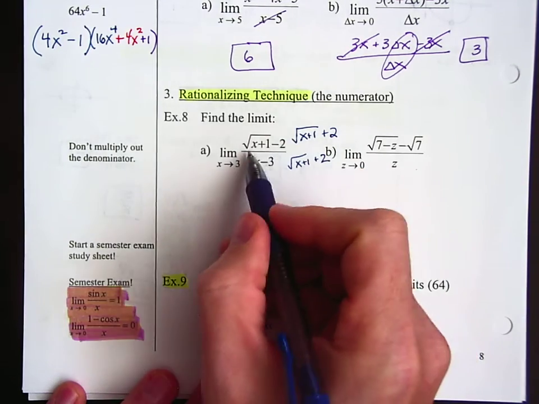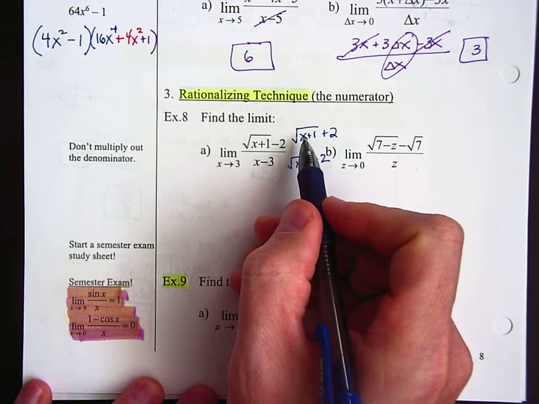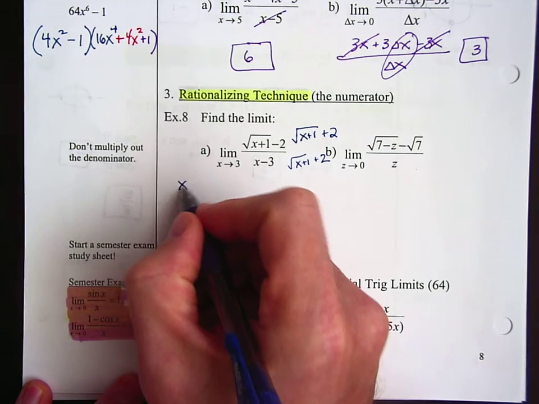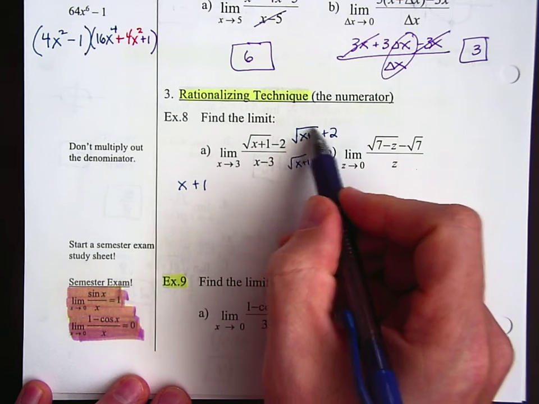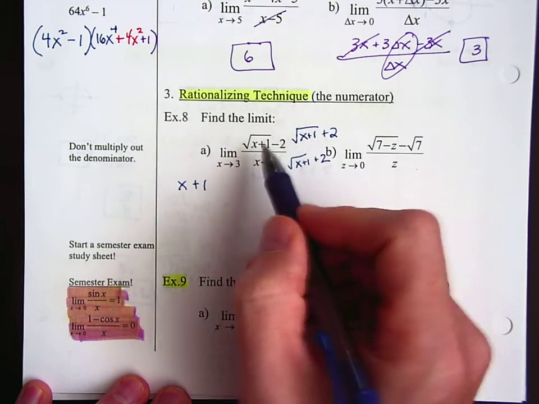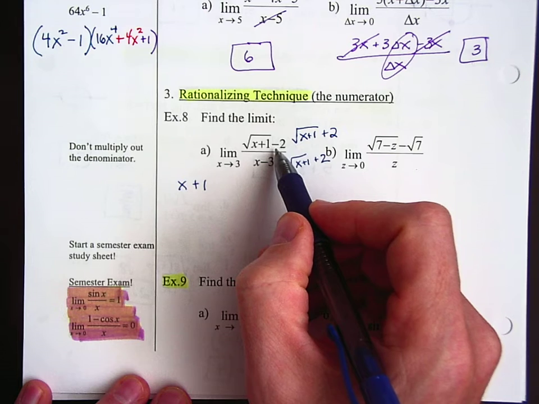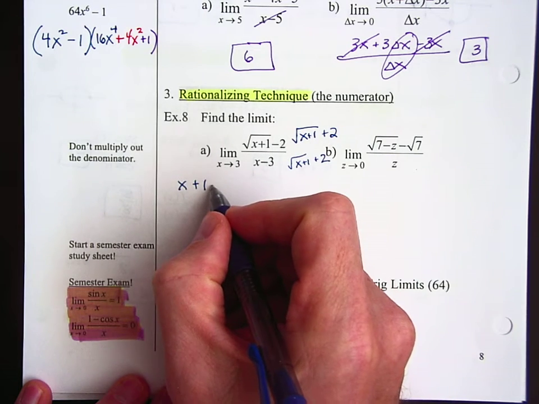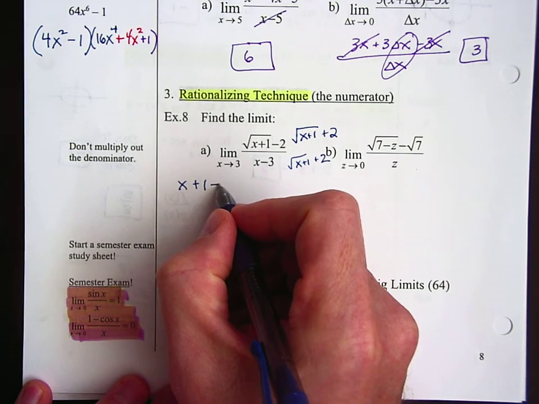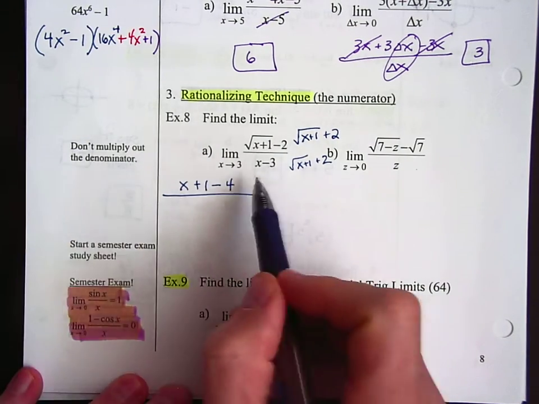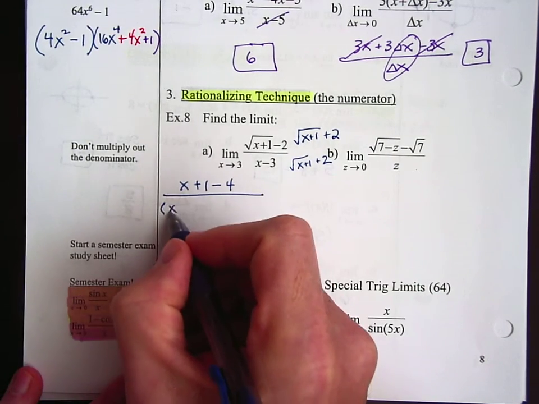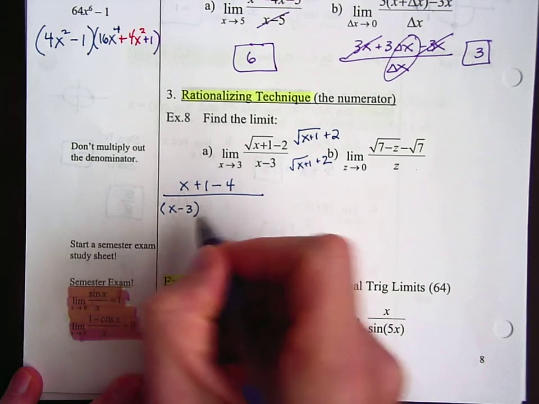So in the numerator here, that basically cancels out. And so we're going to have x plus 1, and then we're going to have negative 2 radical x plus 1 and positive 2, and that cancels out. So negative 2 times 2 is negative 4. So we have that. Now, do not multiply out the denominator. Leave it alone. Leave it alone. Put it down.